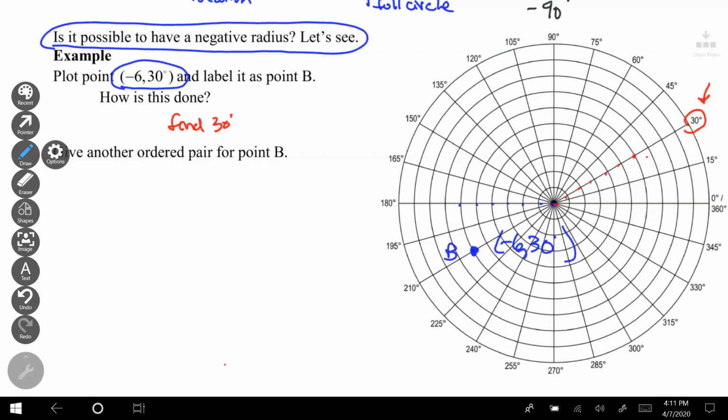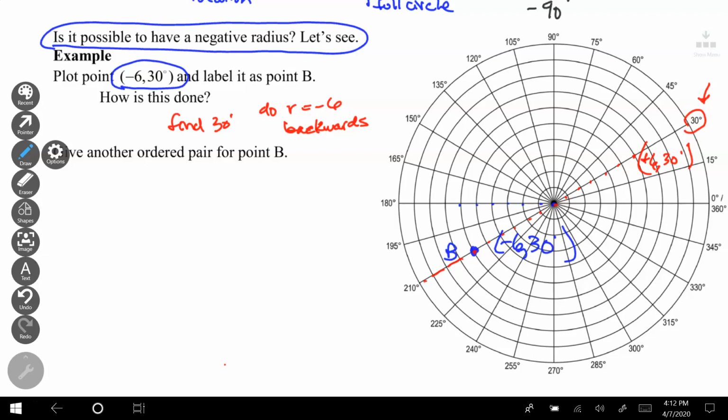That point there is positive 6, 30. I want negative 6, 30. So to do r equals negative 6, I have to go backwards. So it would be backwards 6. 1, 2, 3, 4, 5, 6. This whole line here, the 30 degree and the 210 degree, make one line. 30 degrees is positive this way and negative that way.